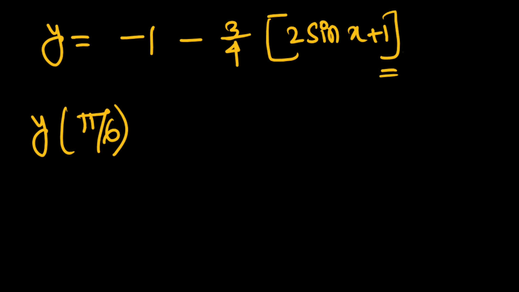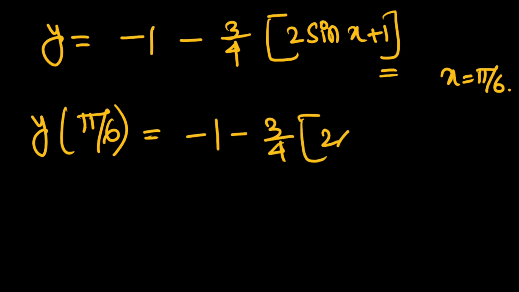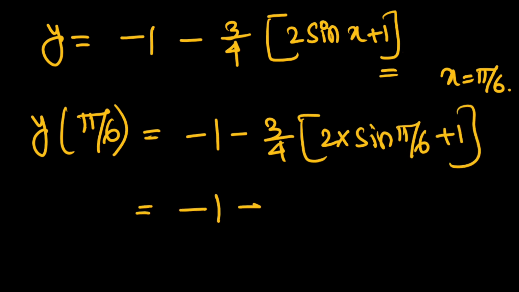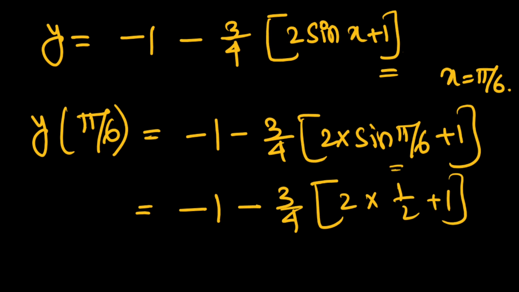Now we put in this equation x equal to pi by 6. So this implies minus 1 minus 3 by 4 times 2 into sin pi by 6 plus 1. So this is equal to minus 1 minus 3 over 4 times 2 into half plus 1, because sin pi by 6 is equal to half.